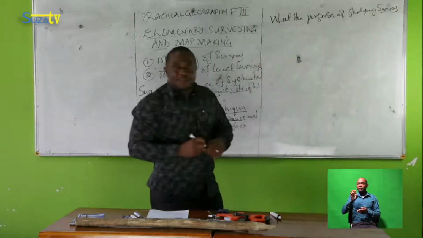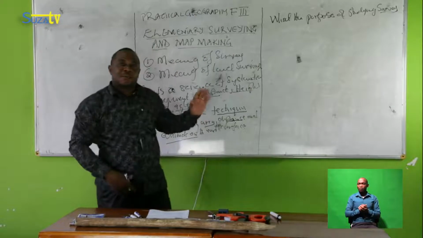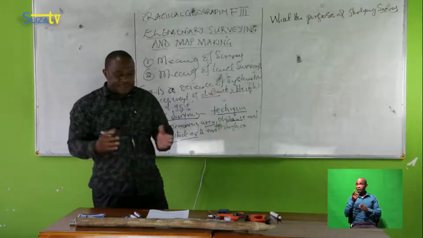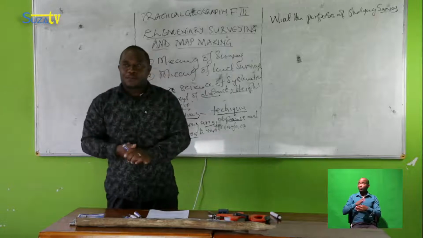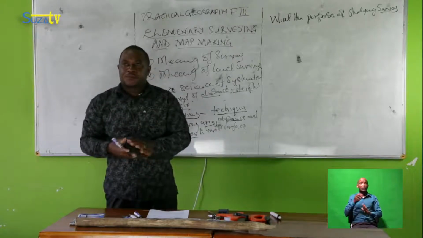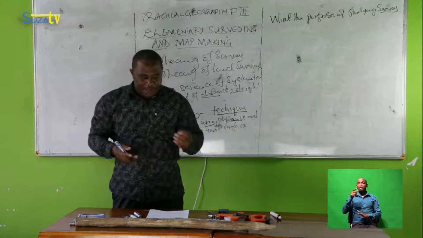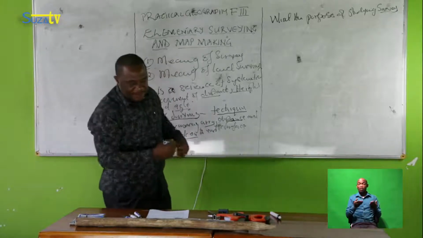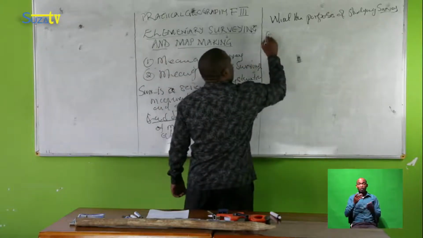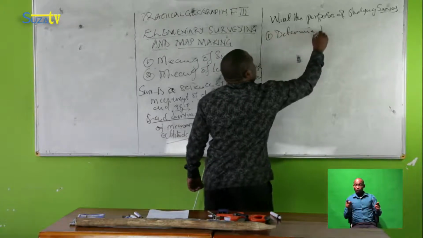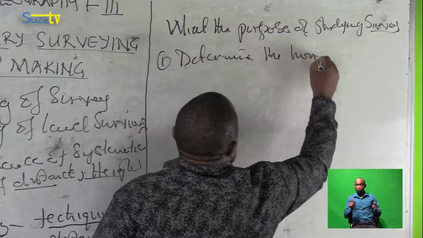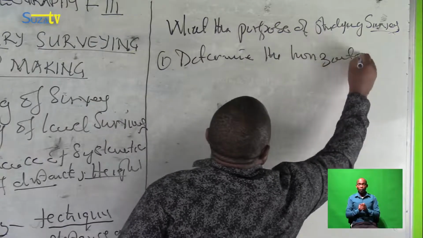My students, as we said before in the history, this is knowledge obtained by the Egyptians in order to divide plots of land. So the purpose of survey now all over the world is, first, to determine the horizontal distance.